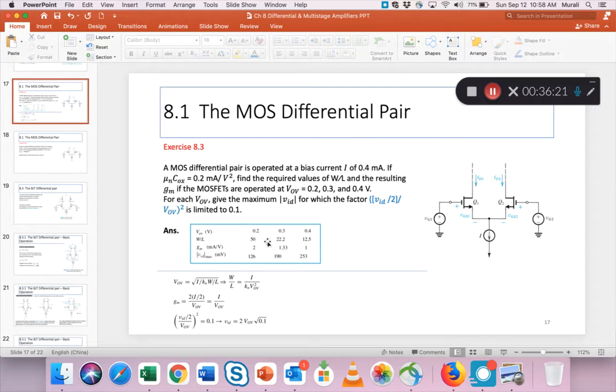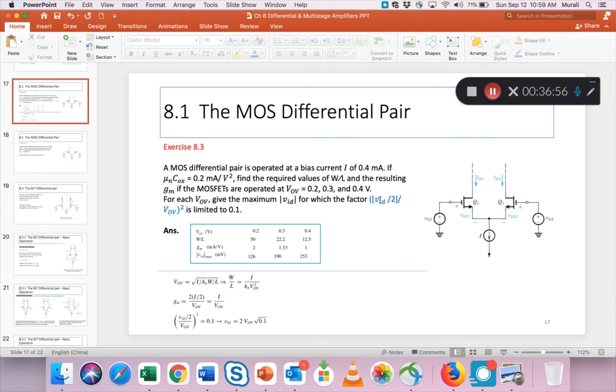So you see the answers are in a little table, right? At a VOV of 0.2, at a VOV of 0.3, at a VOV of 0.4. So if you know both VOV and I, you can find W by L, right? Using this formula. For each of these VOVs, give the maximum input voltage, VID, for which this factor, VID by 2, is limited to 0.1.